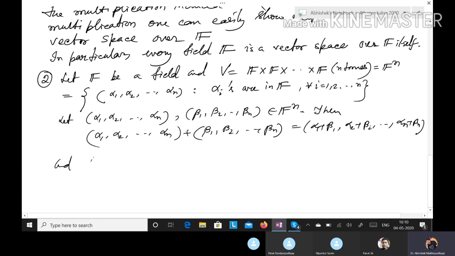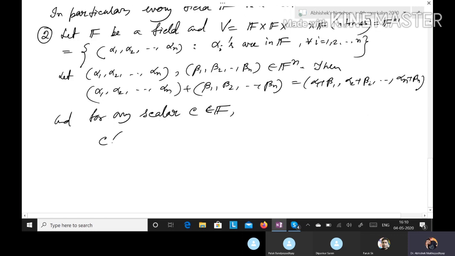And for any scalar C belonging to F, C times alpha 1, alpha 2, alpha n is defined by multiplying C with each component, that is C alpha 1, C alpha 2, C alpha n.